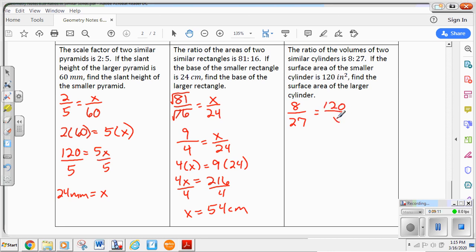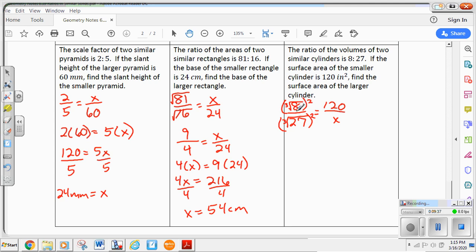Large will be the denominator. Volume is 3 dimensions. Surface area is 2 dimensions. To have 3 dimensions be equivalent to 2, we need to cube root the number and then square it.